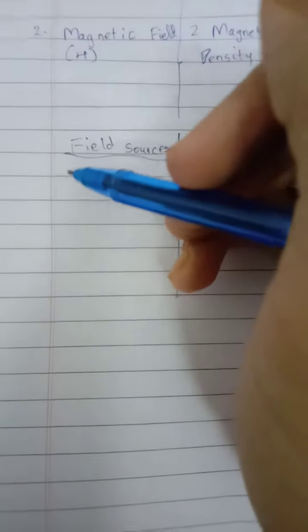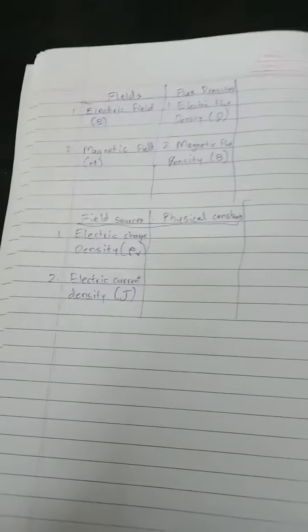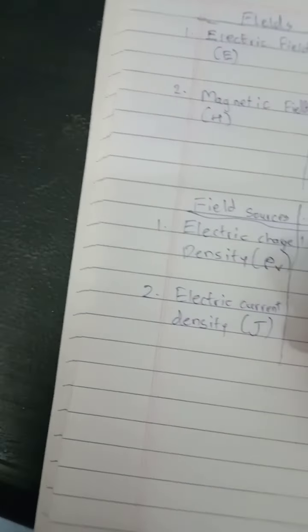In field sources, we need to know two. Firstly, the electric charge density, which is represented by rho V. I'll come to why it is represented that way later when we first start to work with it, but suffice it to say it's represented by rho V. And the electric current density, which is represented by a capital J. And in the physical constants, again there are two.